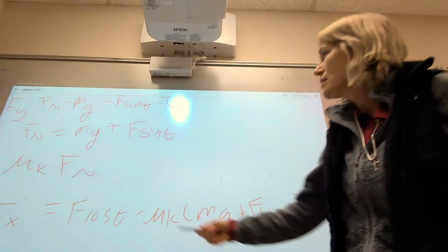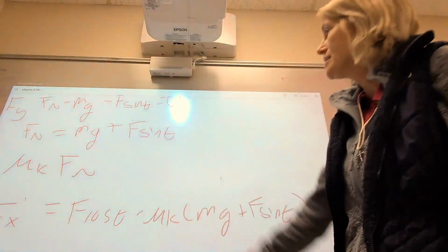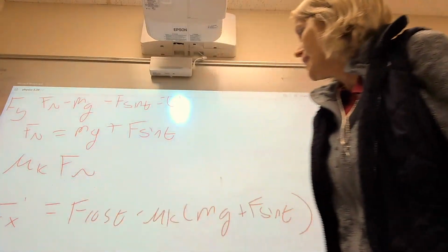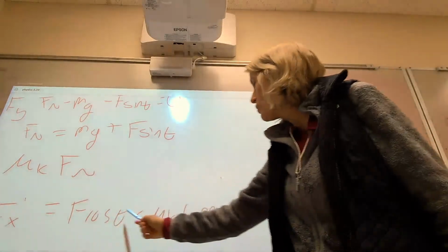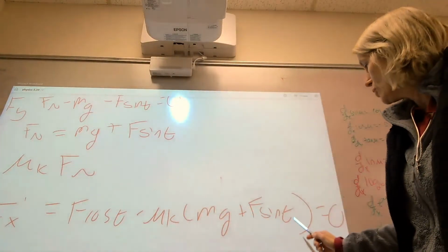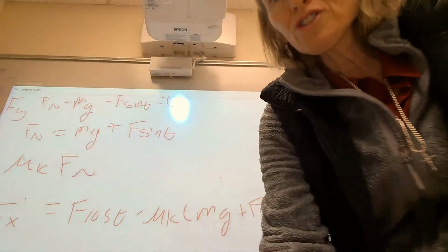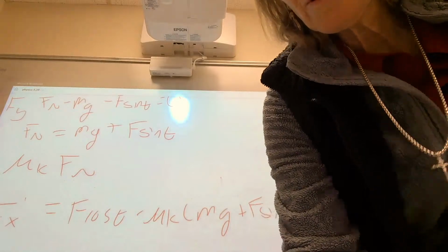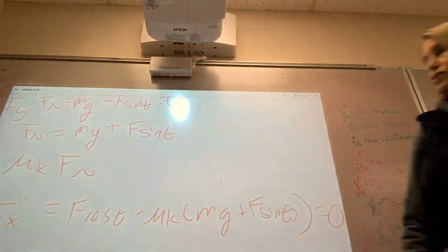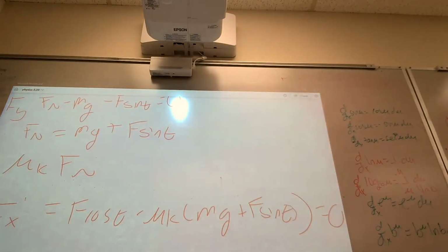Okay, so we isolated our normal. We plug that in here to our sigma Fx, F cosine theta minus mu k times the normal. You have to distribute this mu k so you can separate out your two terms and put your F on one side of the equation and everything else on the other side. So it's a step-by-step thing, sigma Fx, sigma Fy.